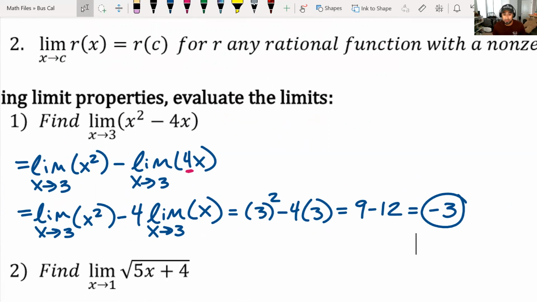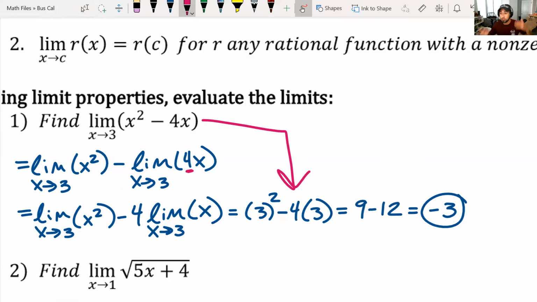Now, if you're wondering, do we have to split it up all the time and move numbers this way and that way? The answer is no. Why didn't we just plug in 3 from the beginning? If we plugged 3 in from the beginning, we would have been done.